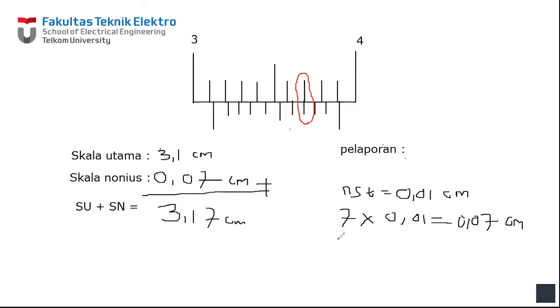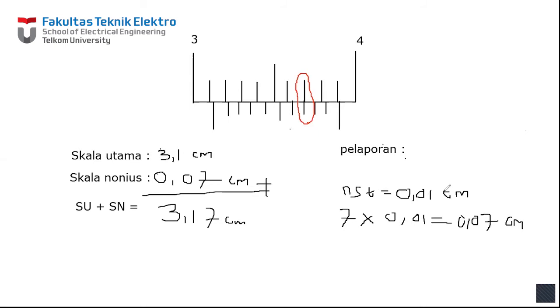The uncertainty value of the calipers is a half of the honesty value. We know that the honesty value of the calipers is 0.01 centimeter. So we divide it by 2, then we have 0.005 centimeter.